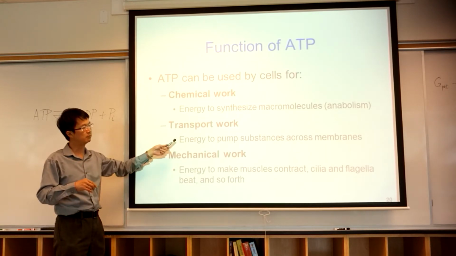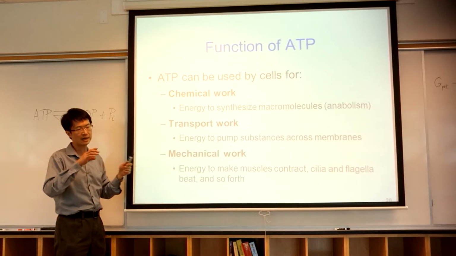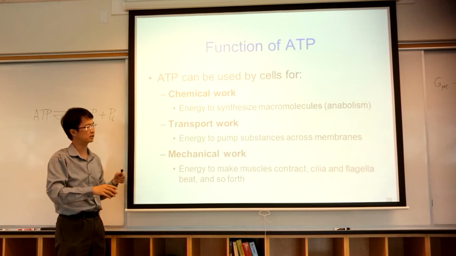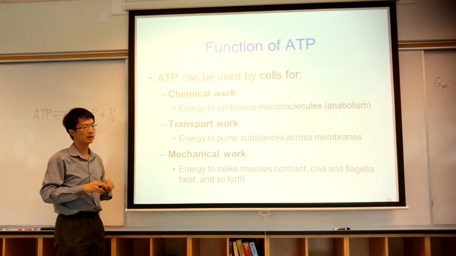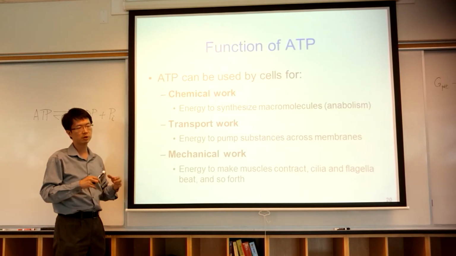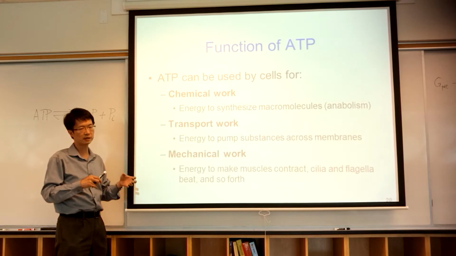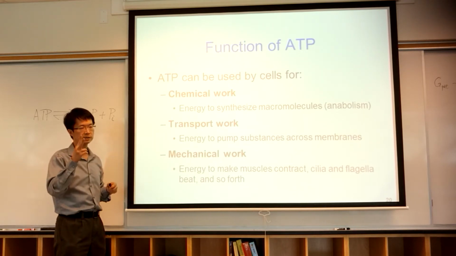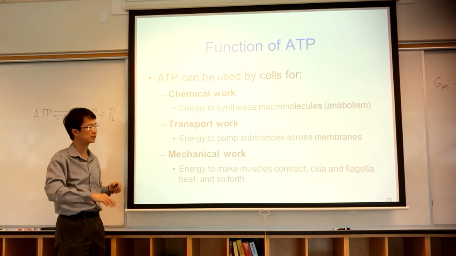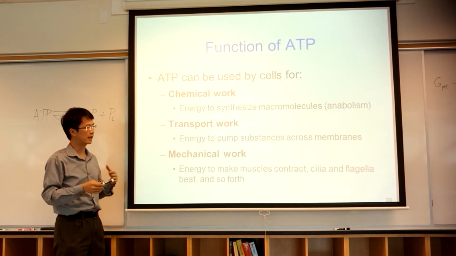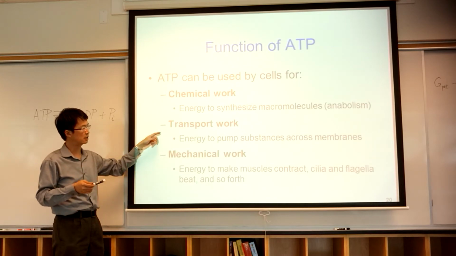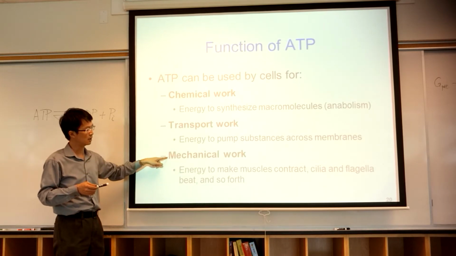And it also pumps the potassium ion against the concentration gradient from outside the cell into the cell. Again, let me repeat. It pumps 3 sodium ions from inside the cell to outside the cell, and it pumps 2 potassium ions from outside the cell to inside the cell. Both are against the concentration gradient of the respective ion. That's why it needs energy, ATP.